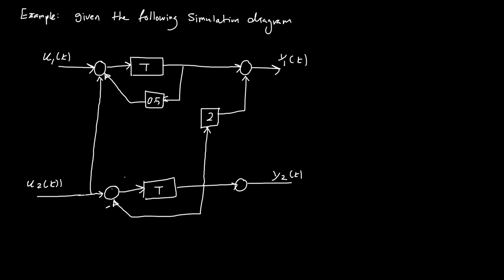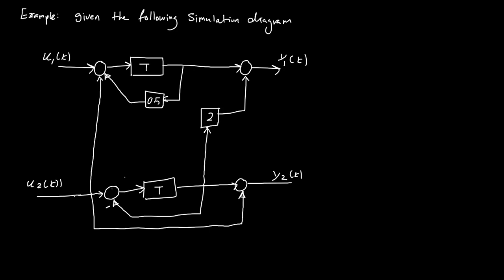Now let's assume I am having a direct input here, in order to highlight the D, and we need to find the state space representation.